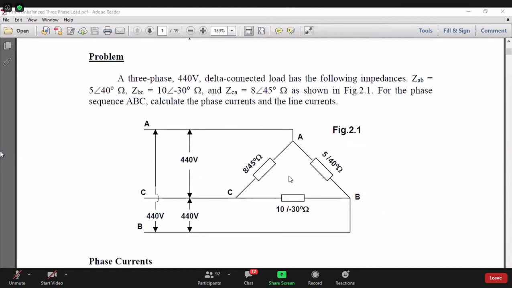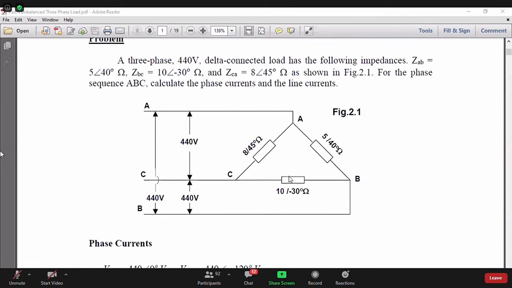So therefore, how do I calculate? Now, fortunately, in this case, it is very easy because the source is balanced. So I can always say that the 3 voltages will have a phase angle difference of 120 degrees. Therefore, again I repeat, please remember in your coursework that for an unbalanced system, first and foremost you have to write down the 3 voltage expressions.